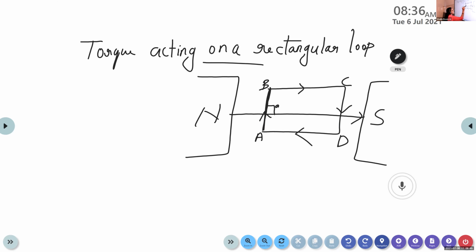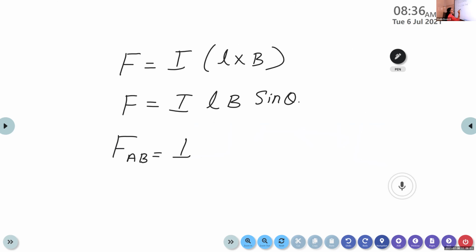So the angle between them is 90 degrees. So we can write FAB is equal to ILB sine 90, and sine 90 is equal to 1. So FAB is equal to ILB.